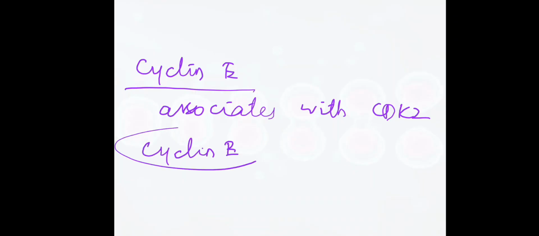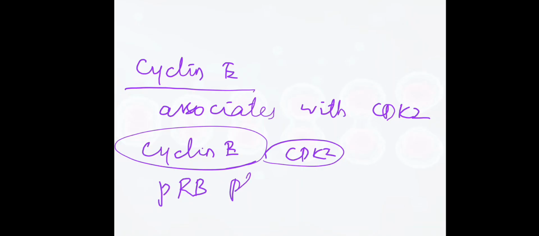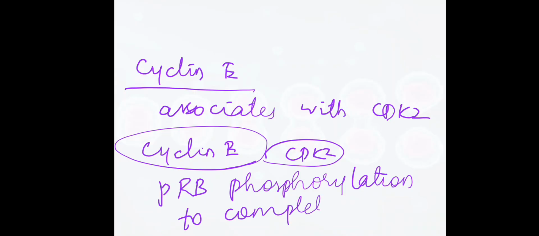Cyclin E associates with CDK2, and this complex drives PRB phosphorylation to completion, leaving PRB protein in a hyperphosphorylated state, that is inactive. It completely phosphorylates the PRB protein.